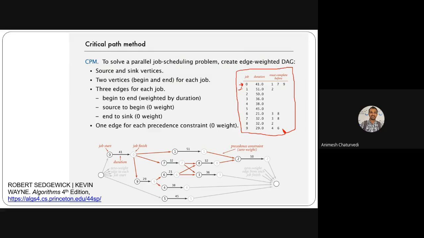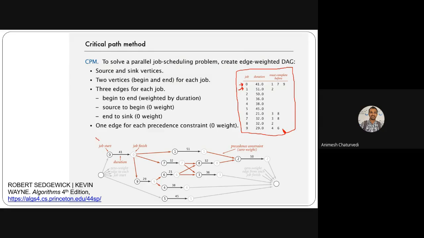Job 1 must be finished before job 2 can be started. Job 2 will not start until job 1 is finished. Similarly, jobs 1, 7 and 9 will not start until job 0 is finished. So this is what has been shown.